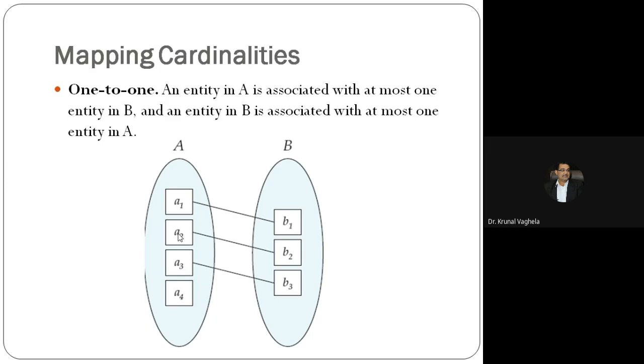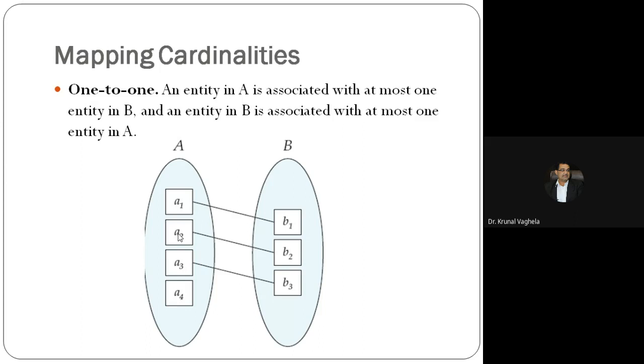That means joint accounts are not allowed. These are the persons, these are the accounts. A1 is in one account B1, A2 is in one account B2, A3 is in one account, A4 is not having any account. It is just a customer record. Got the point? So if your customer tells you, I want this applied, this is one-to-one mapping cardinality.